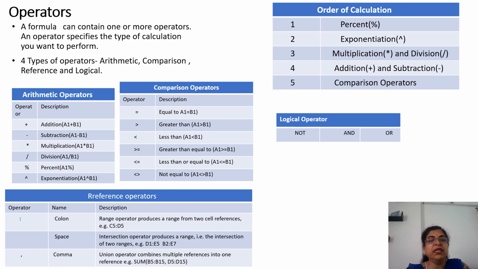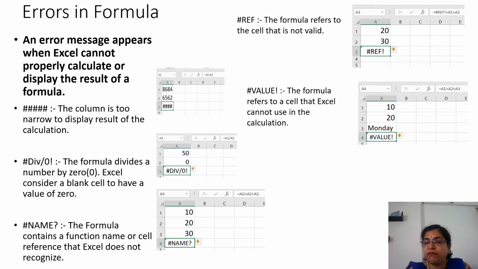Now the next is errors in formula. Whenever we are typing a formula, sometimes we may make a mistake while typing, and we may get an error. So we should know what the errors are and how to rectify them. Here, if you get hash signs, it means that the column width is not sufficient for your data.